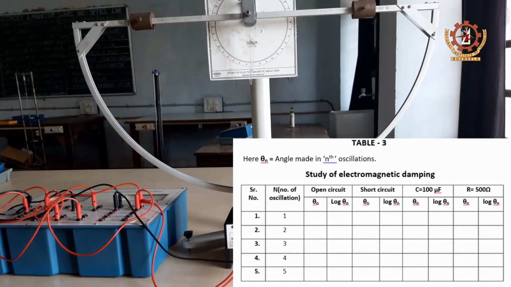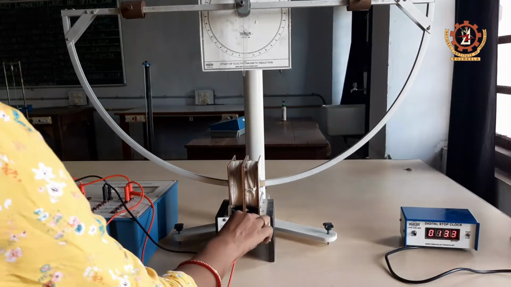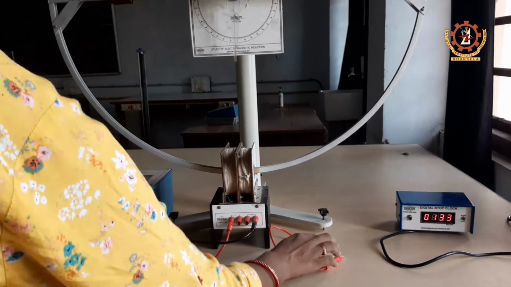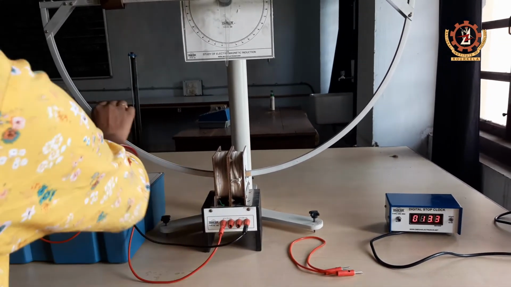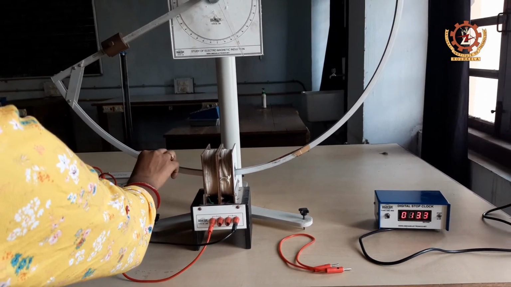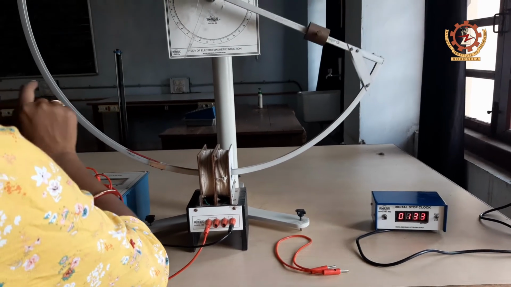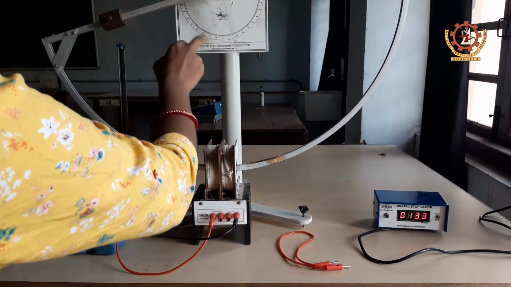So for that, first keep both coils open circuited. I remove the connector and this is now open circuited, and fix the theta. Now I am keeping it at theta 30. After 1 oscillation you check, it was 28, right now it is 22.